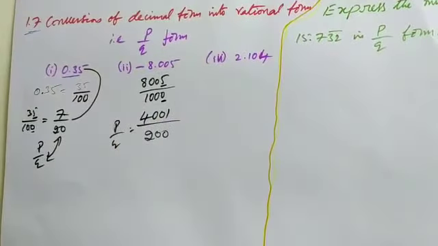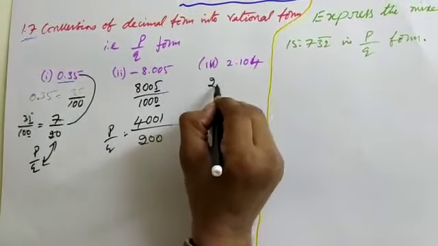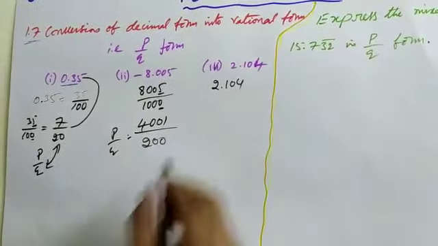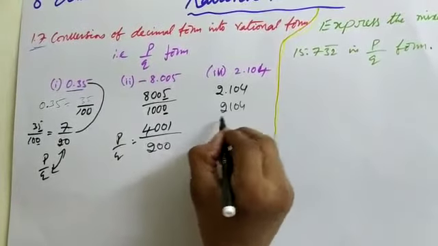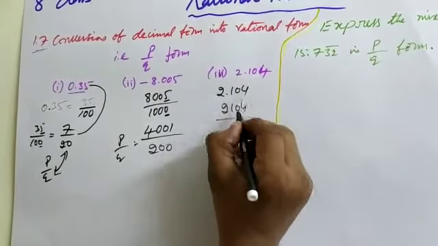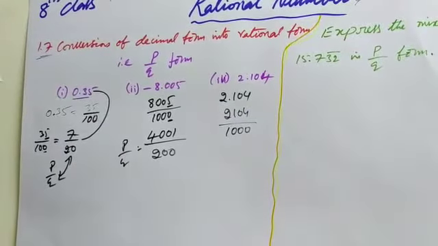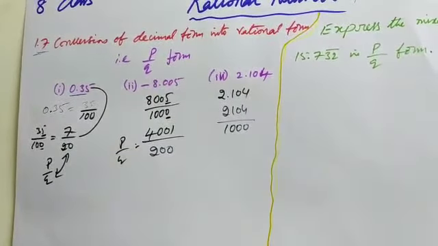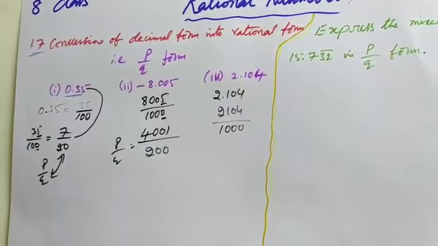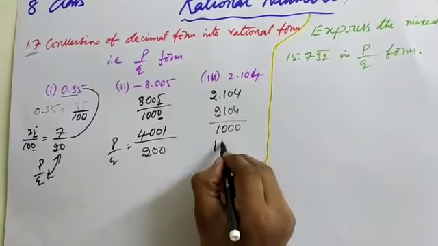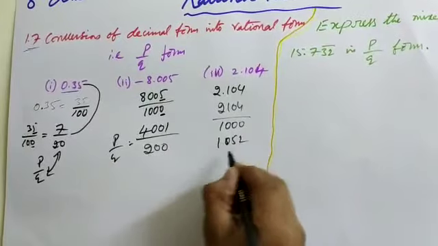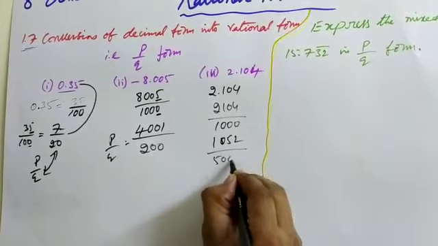Another, what is the third? 2.104. That means 2104 divided by, after the point how many digits, 3 digits. That is called 1000. Like, see, this numerator is an even number and this is also an even number. So 1052 divided by 500.